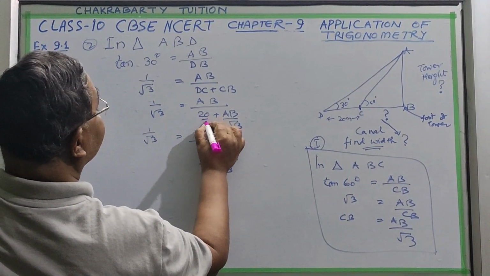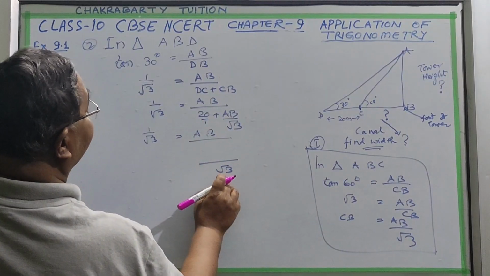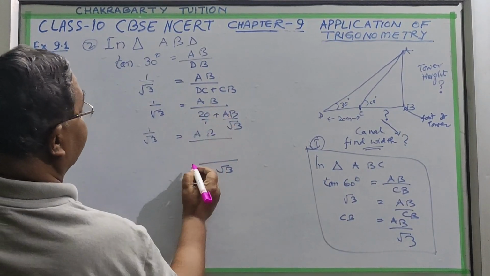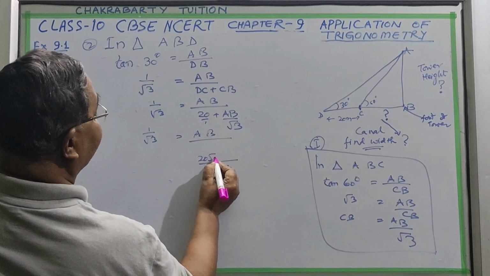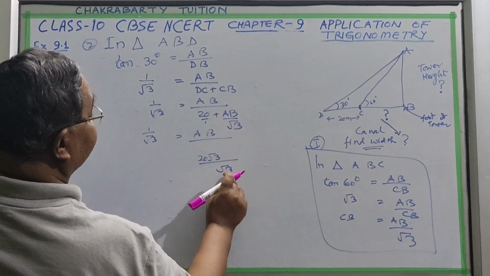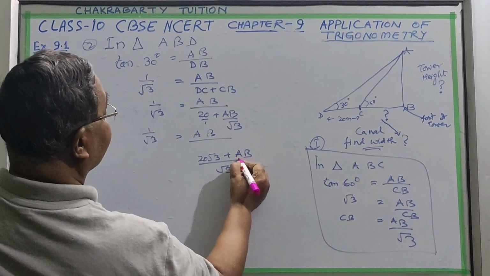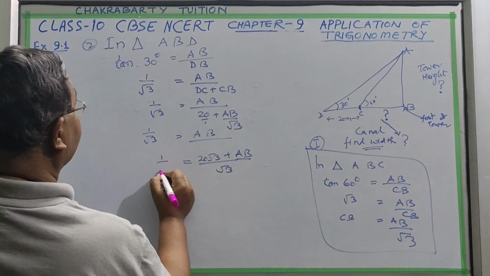Here nothing is there, 1 is there. 1 will divide it and under root 3 will come, it will divide 20. So it will become 20 under root 3 plus AB.